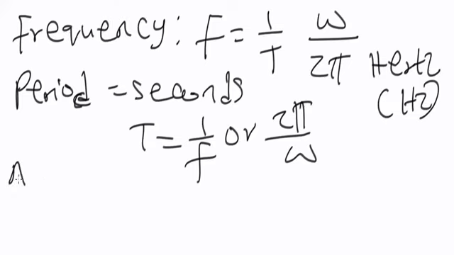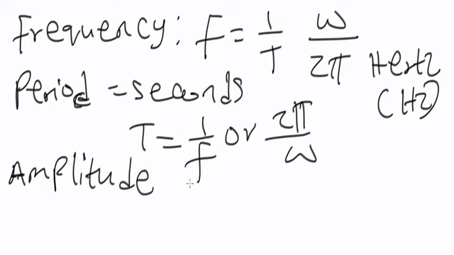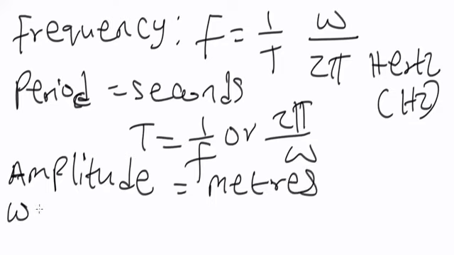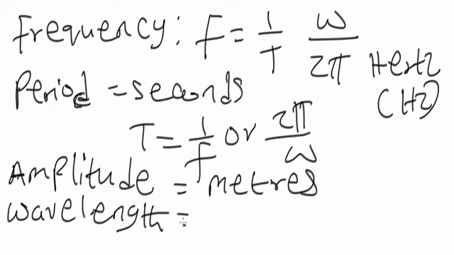We have the amplitude. Amplitude is the maximum displacement of a particle undergoing wave motion, and is measured in meters. We also have wavelength, which is also measured in meters.